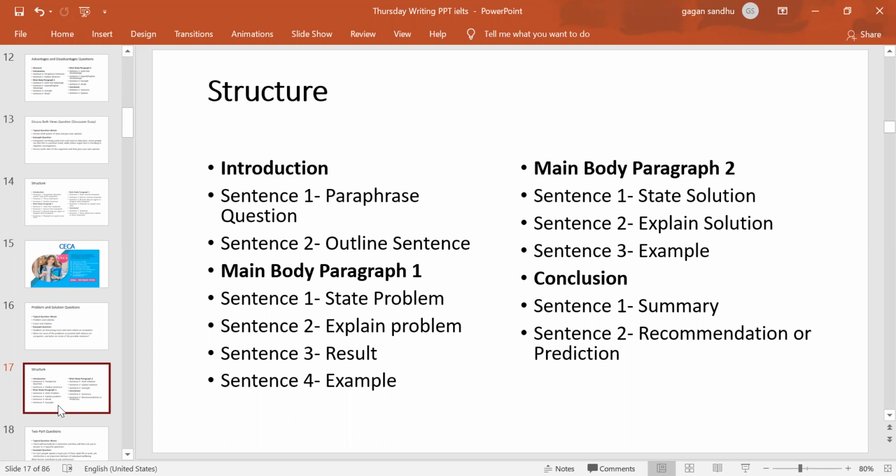Then the main body paragraph 2, where you are stating the solution of this problem, how you can reduce this reliance on computers by the students, right? So I'll be citing an example. The traditional classroom needs to be more interactive, right? And it needs to upgrade as per today's modern society's needs, right?